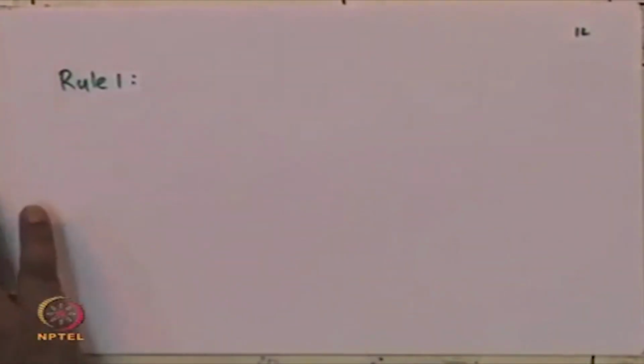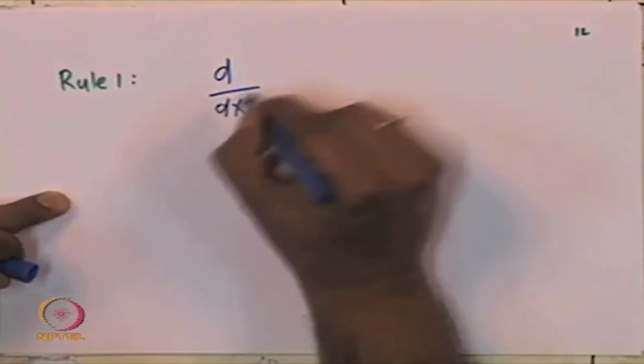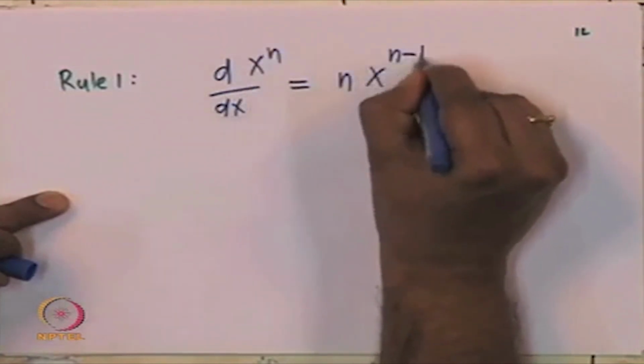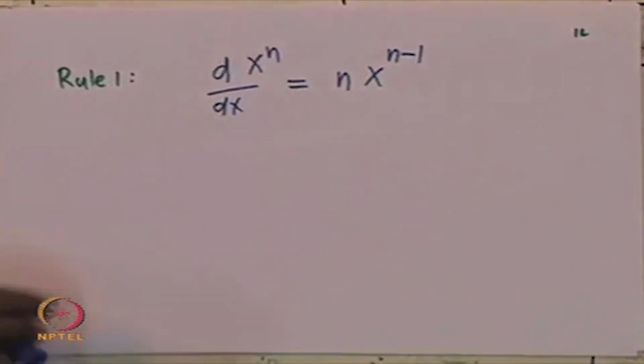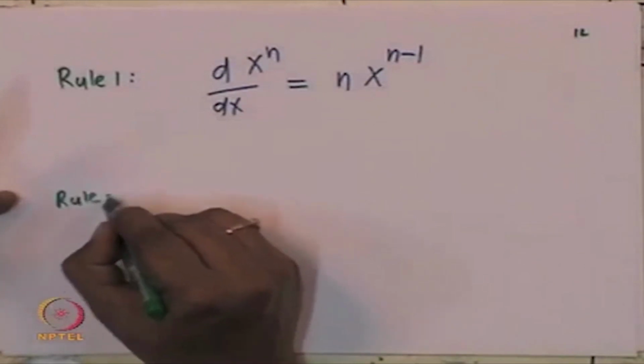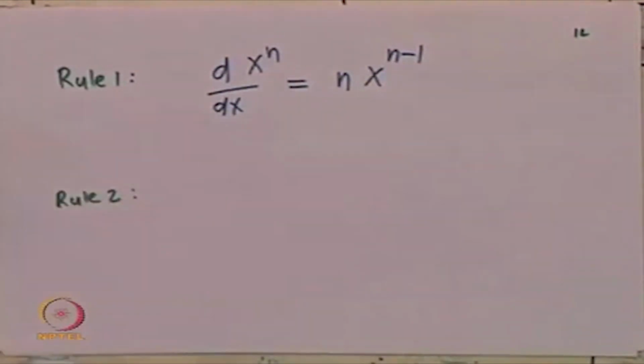Rule 1 is that the derivative of x power n, d by dx of x power n, is n x power n minus 1. The second one you should learn is the derivative of a sum of two functions.